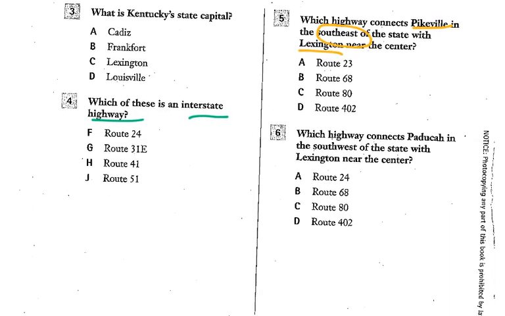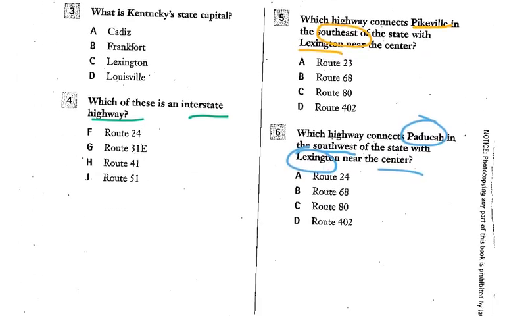Number 6, which highway connects Paducah in the southwest of the state with Lexington near the center? So let's see which highway. Route 24, Route 68, Route 80, or Route 402. So once you're done with that one, you're done with Kentucky.